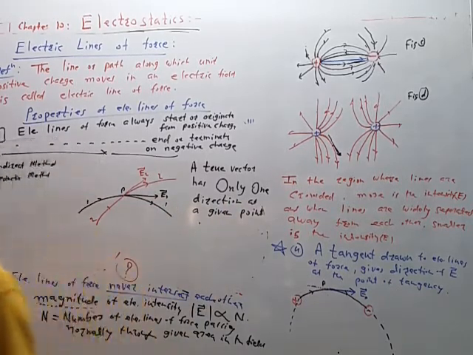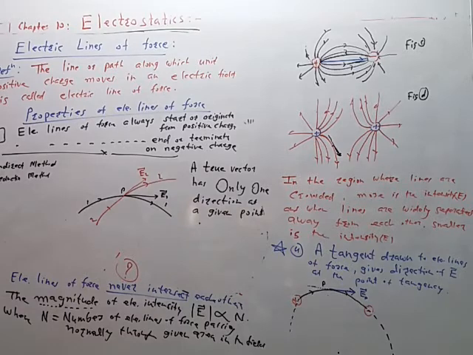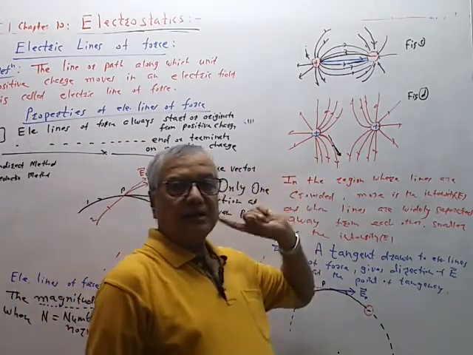So these are the basic properties. We can know the direction and the magnitude of the electric field intensity by knowing the nature of the electric lines of force. By counting the number n, we can give the magnitude. By drawing a tangent, we can give the direction like this. So in all these figures, the electric lines of force are not intersecting each other.